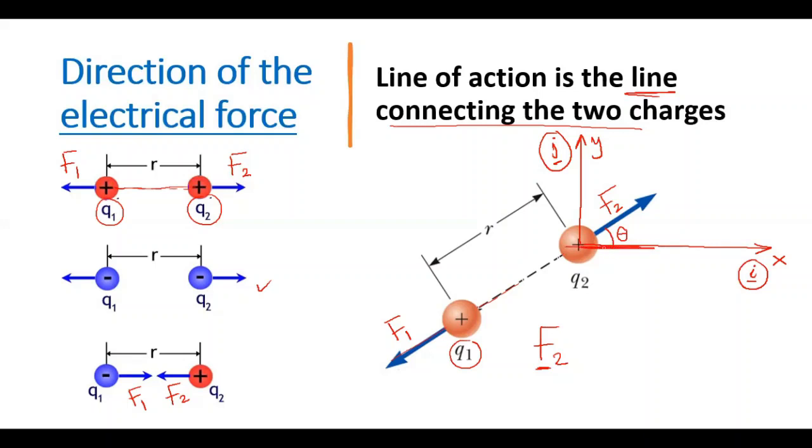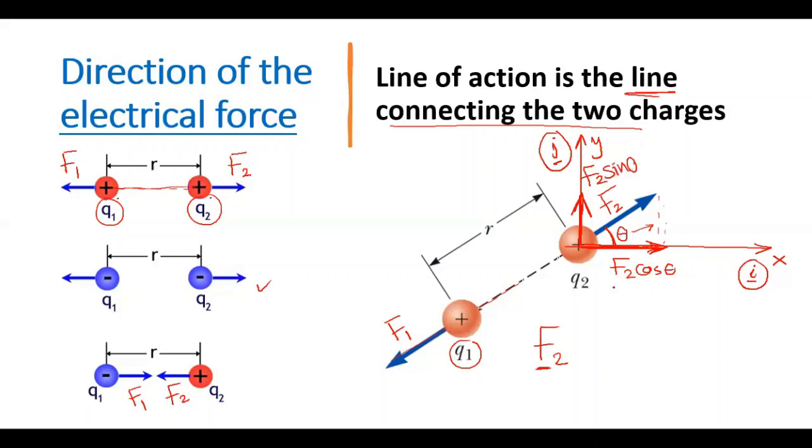The horizontal component, which is adjacent to the angle, will be F2 cosine theta. The vertical component, which is opposite to the angle, will be sine, so the vertical component will be F2 sine theta.